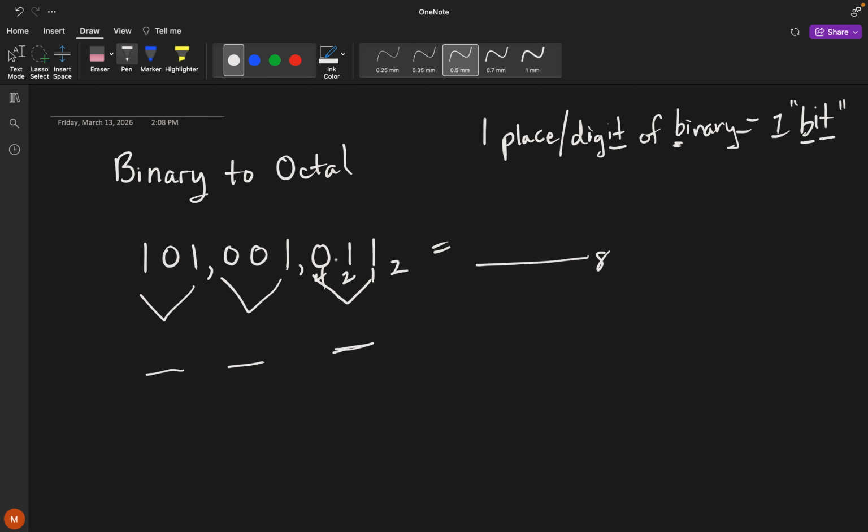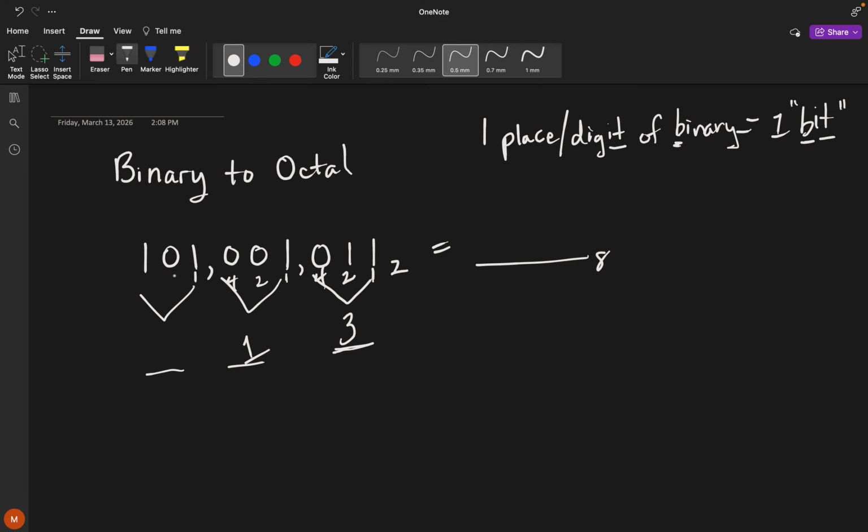This is 1 and 1 in places 1 and 2, so that's 2 plus 1 is 3. And this is just a 1 in the ones place, nothing in the 2 or the 4. Notice we start over for each triplet. So this is just a 1.